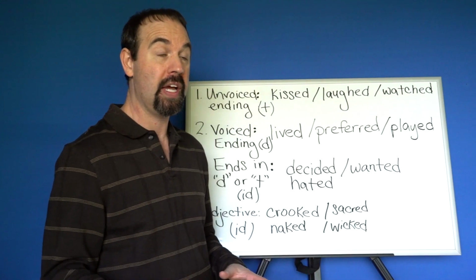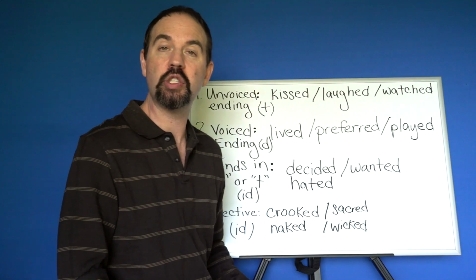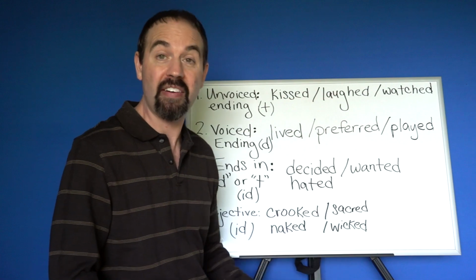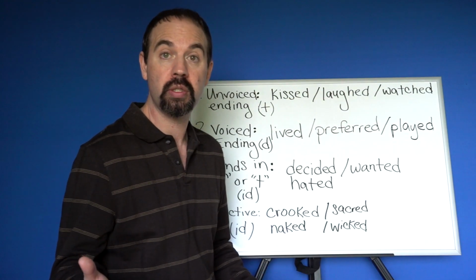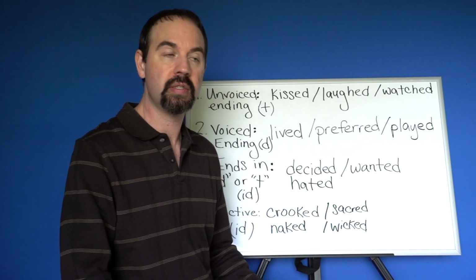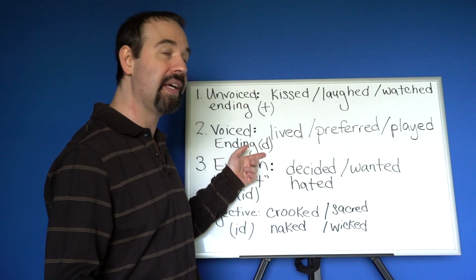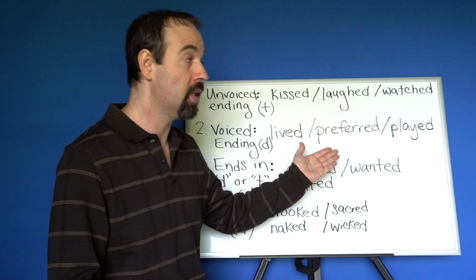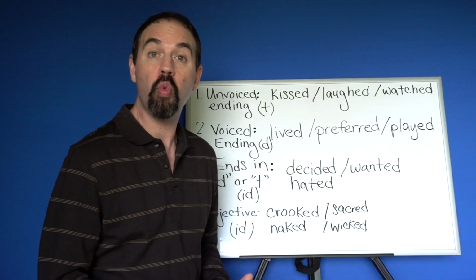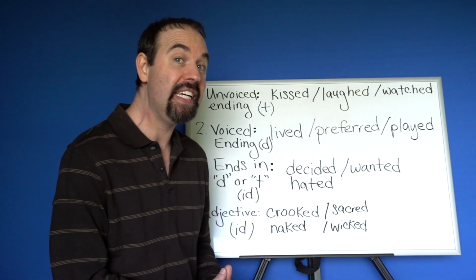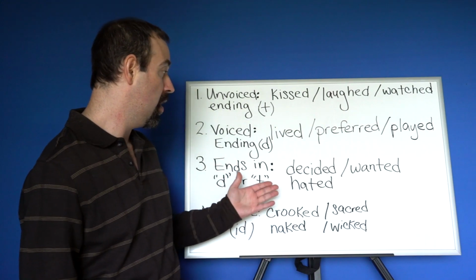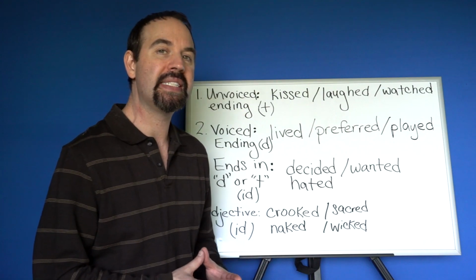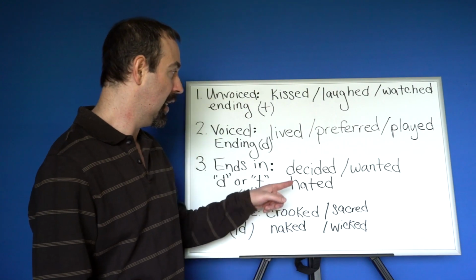So remember, if it's unvoiced, it's going to sound like a T. Kissed, laughed, watched. And if it's voiced, it's going to be pronounced like a D. Lived, preferred, played. If a word ends in a D or a T before we add the ed, then it's going to sound like id.